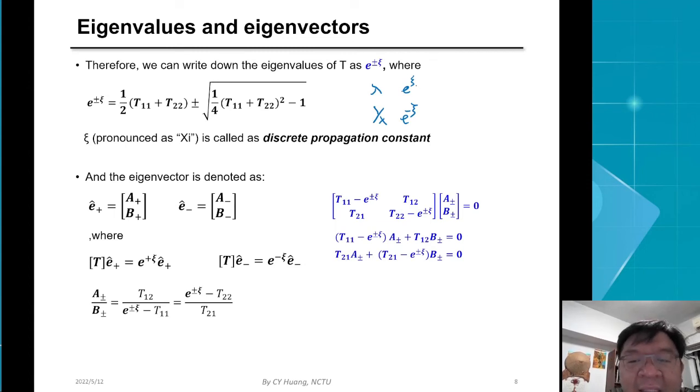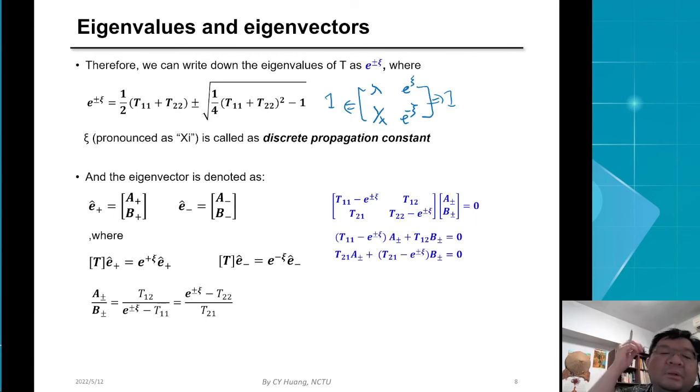Either form will give you the conclusion that the multiplication yields 1. We name such value c the discrete propagation constant, although I don't know why they call it this name. Anyway, we just remember that we can get the discrete propagation constant by taking the log of the eigenvalues.